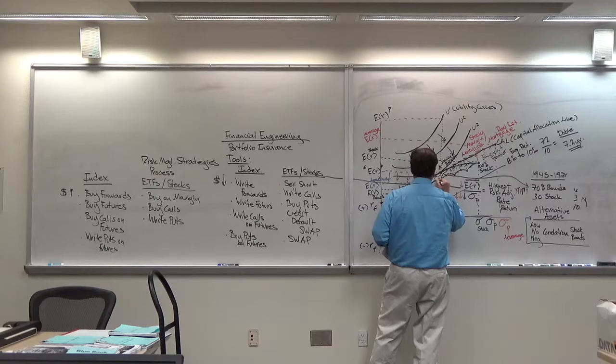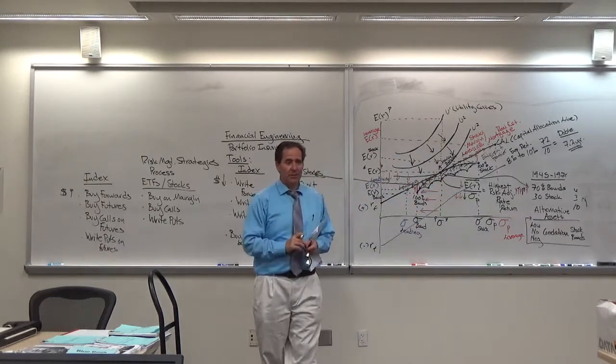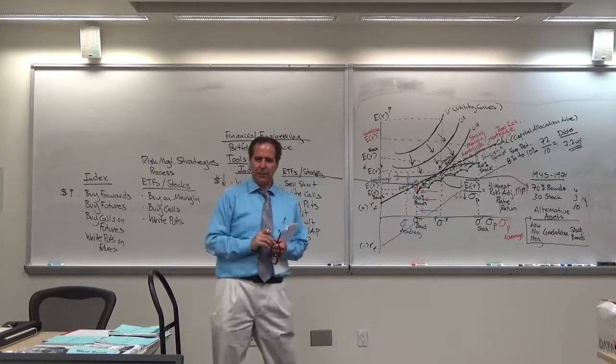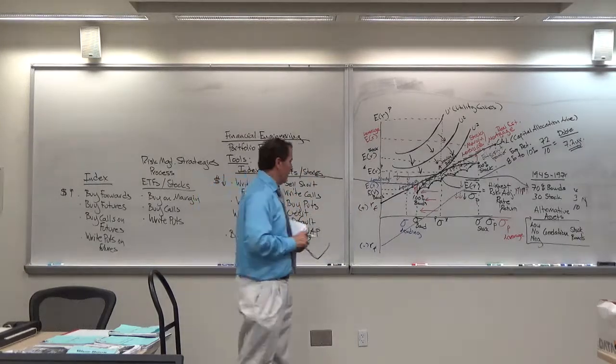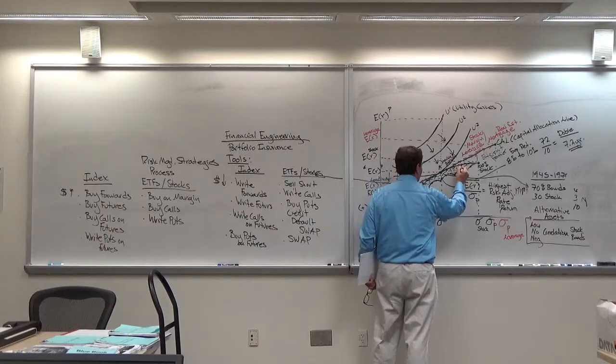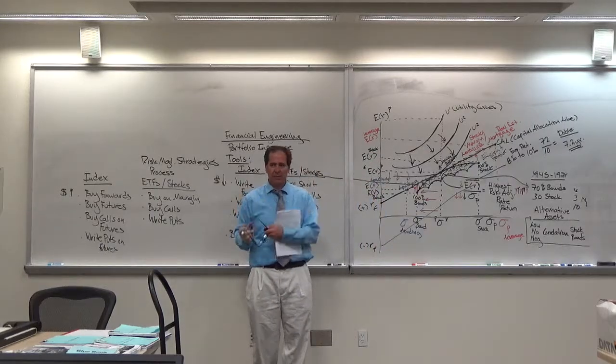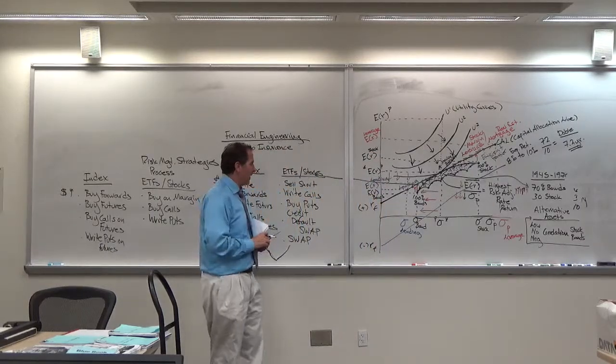Now these dots are basically portfolios that I can construct using assets that are available in the marketplace. And inside the umbrella are the individual assets that are available to me to construct these portfolios out of. Okay?